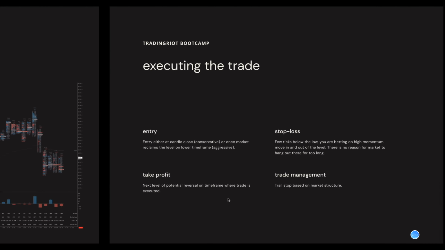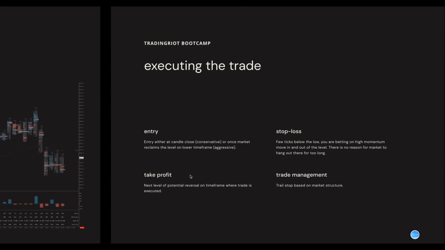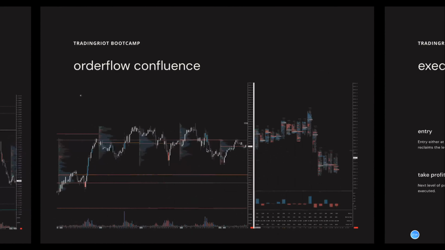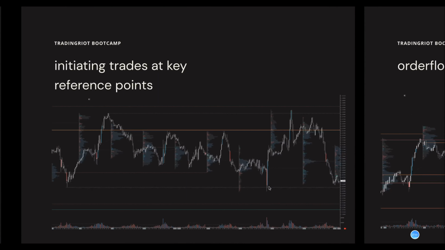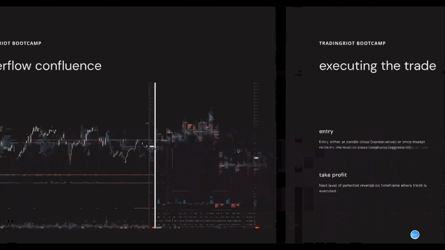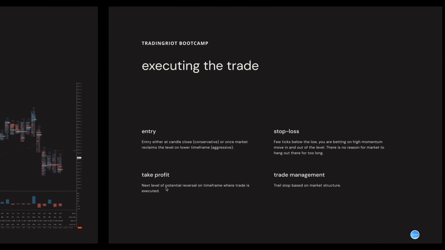Also, the most aggressive way was the one I showed you on a tick chart, where you enter after the first candle closed on an order flow confluence. So you can see there are a few more ways. If you are newer to this, stick to the conservative one: wait for either a candle to close, which will confirm the failure, or if you close through it on high volume, wait to see if it is not going to fail at the level for the second time. That's the easiest way to do things.